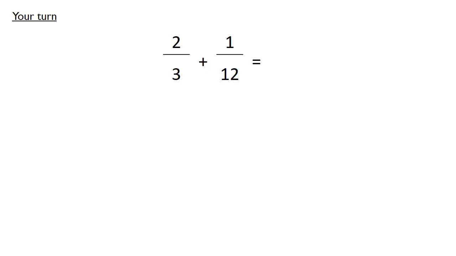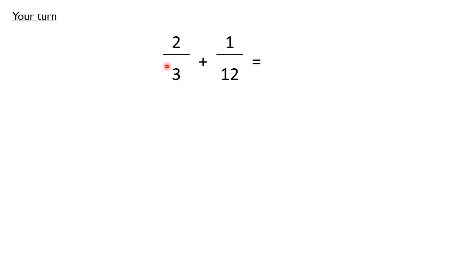Okay, so we have 2/3 and 1/12. Let's make both fractions into 12ths. So, what do we do? 3 multiplied by what equals 12? Now, by now, we're pretty good with our multiplication facts, so we know that 3 multiplied by 4 equals 12.